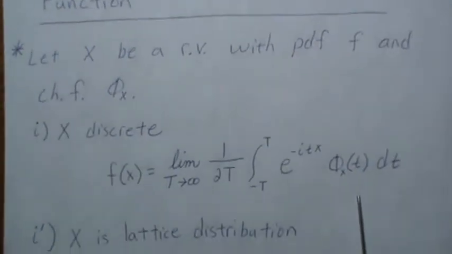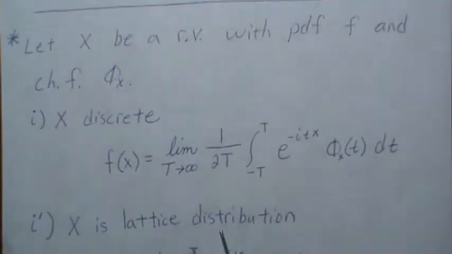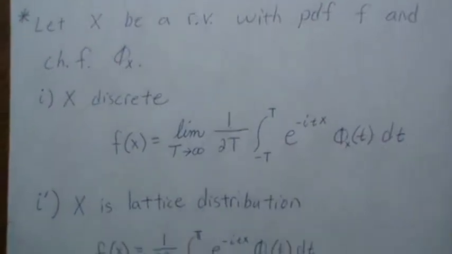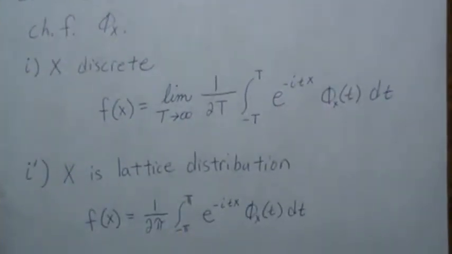But if we know that x is a lattice distribution, and we covered lattice distribution in the previous video, properties of the characteristic function, then it can be simplified. It was shown, or noted, that the characteristic function has period 2π, and so it simplifies quite a bit.